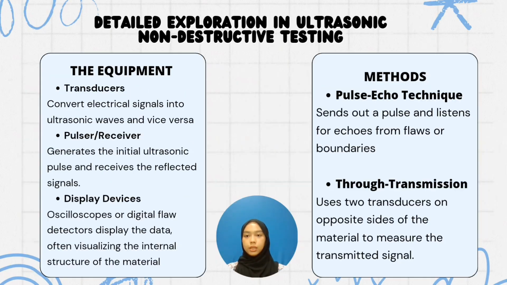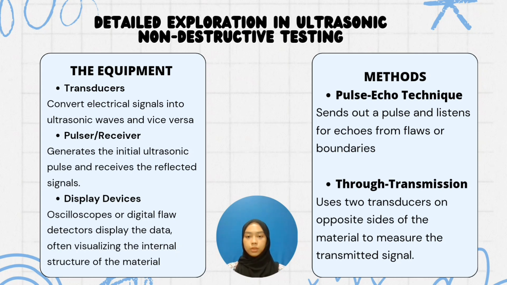Alright, here's the detailed exploration of ultrasonic non-destructive testing, or we can call it UNDT. We have the equipment and the methods. The equipment consists of transducers, pulser or receiver, and display devices. A transducer is the device that converts electrical signals into ultrasonic waves and vice versa.